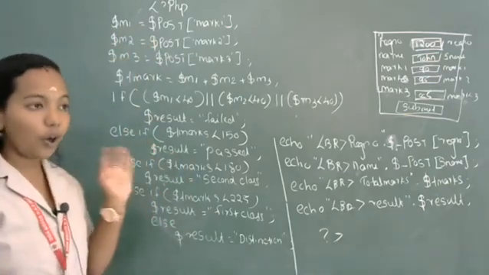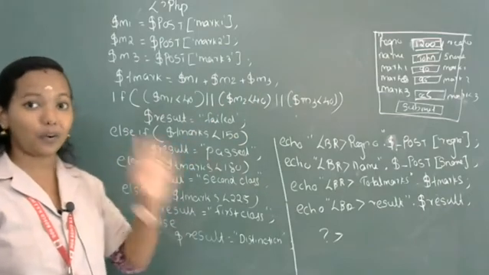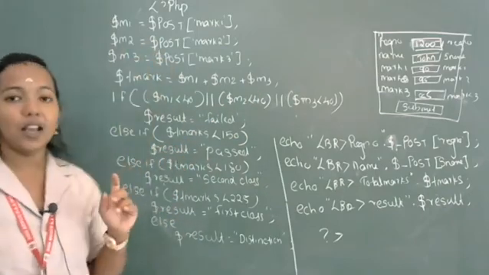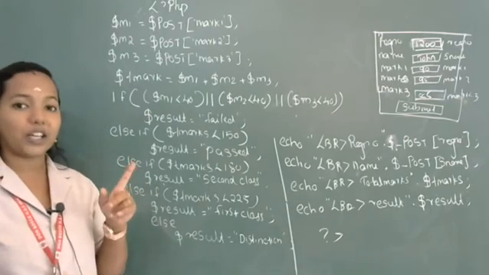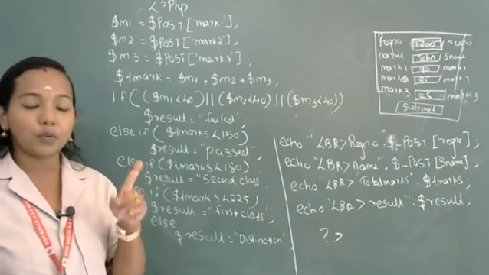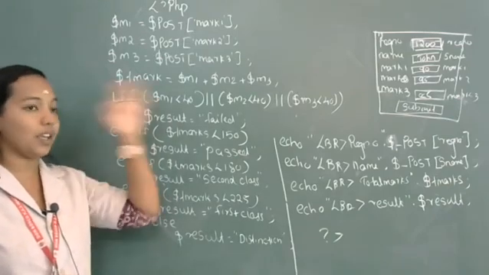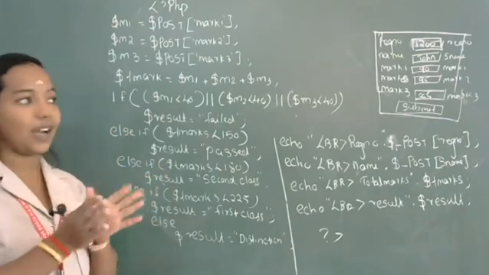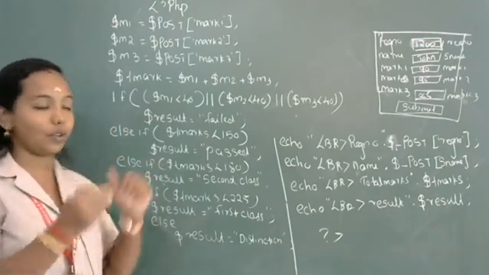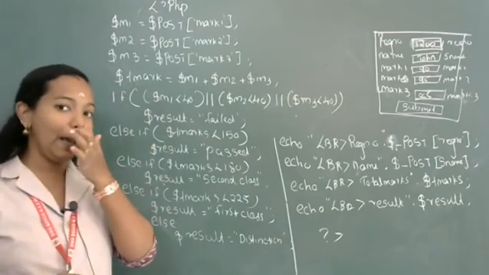So now $M1 is equal to the first text box mark 1. That's why here it is $M1 is equal to $_POST of mark 1, because mark 1 text box name is also mark 1. Then $M2, $M3 corresponding to this.